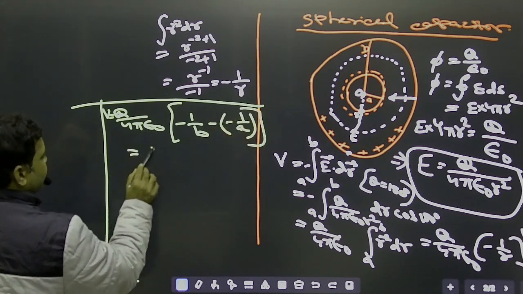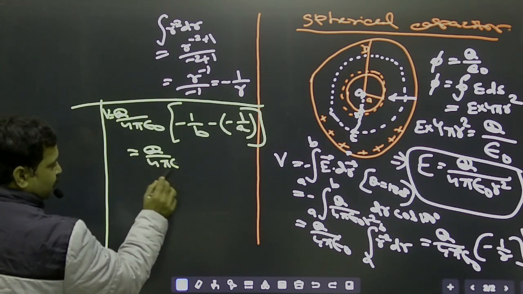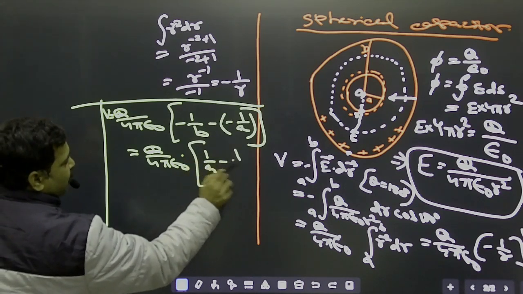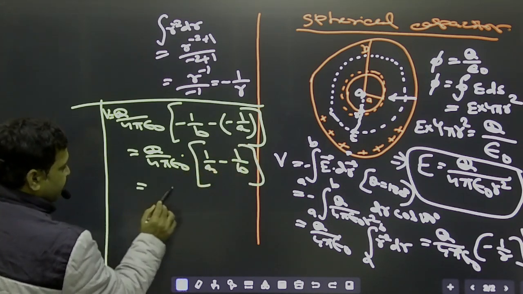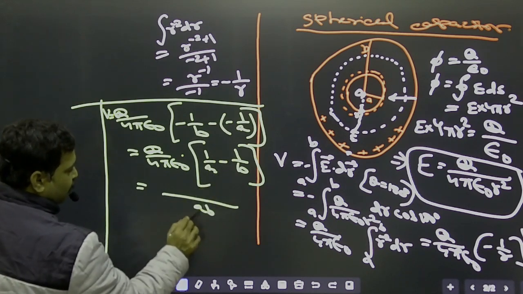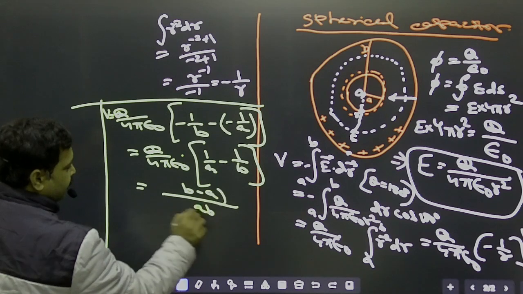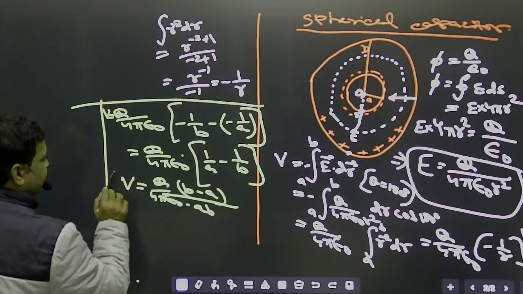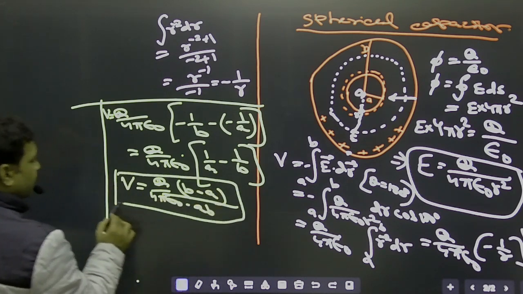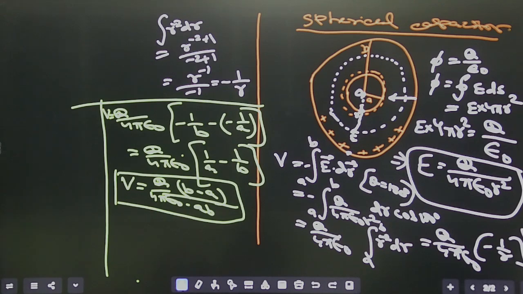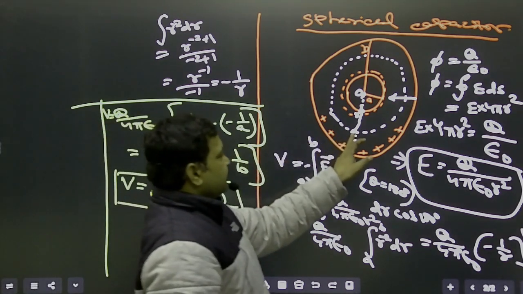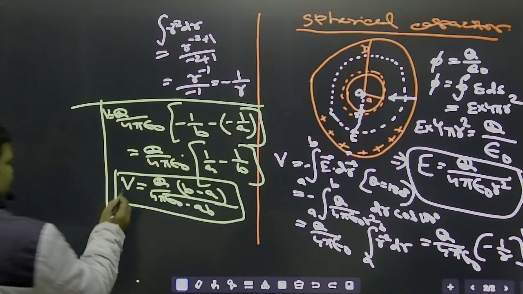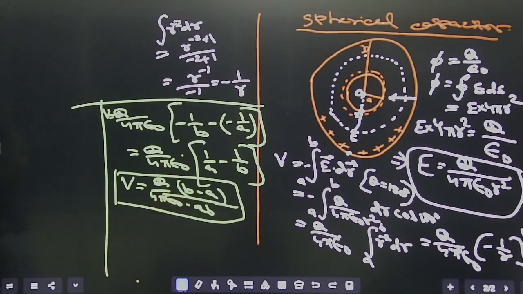This will be q upon 4 pi epsilon naught times 1 by a minus 1 by b. Taking the LCM as AB, we get B minus A over AB. So this is the derivation for the electric potential, and the total potential is V equal to q upon 4 pi epsilon naught times (B minus A) by AB.